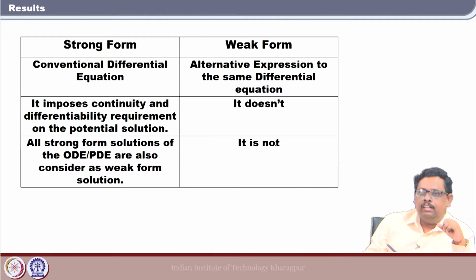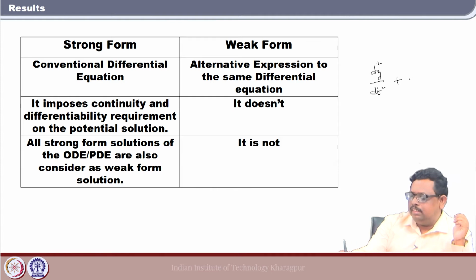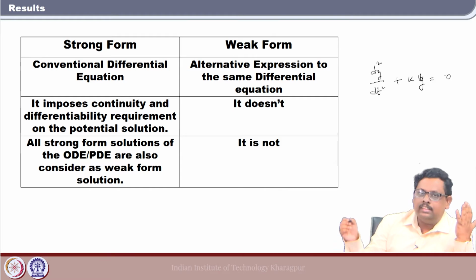For an example, like the classical problem of a string, let us take a second order ordinary differential equation, which is d square y by dt square plus k square y equal to, let us say, 0.